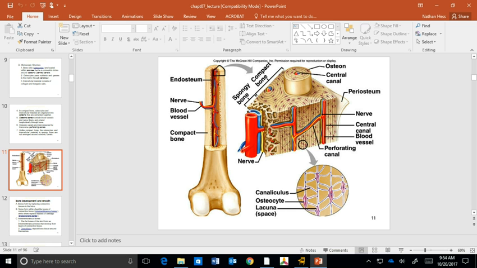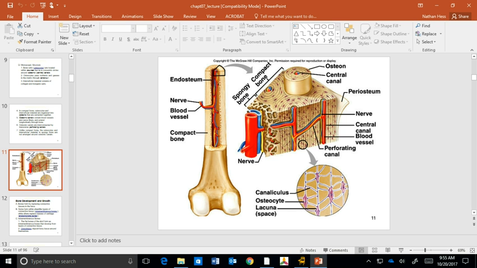That actual little blue guy is the osteocyte that's making the bone. It's just that small bony chamber that the osteocyte is contained in.